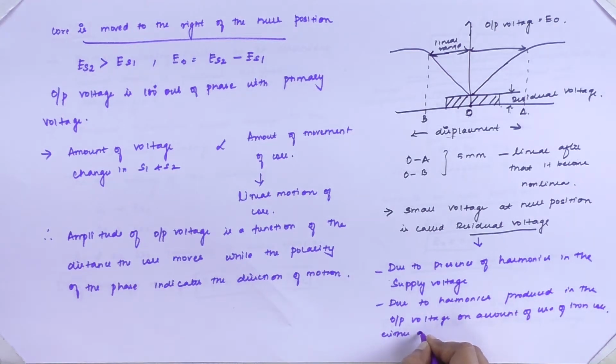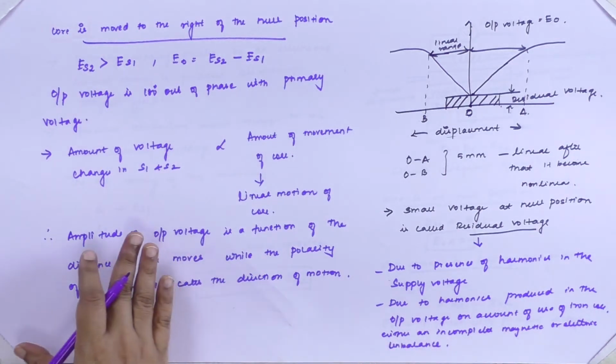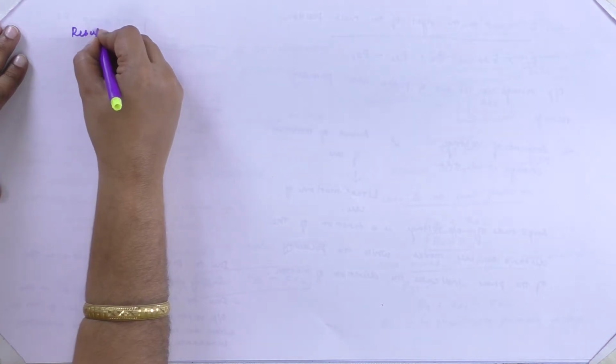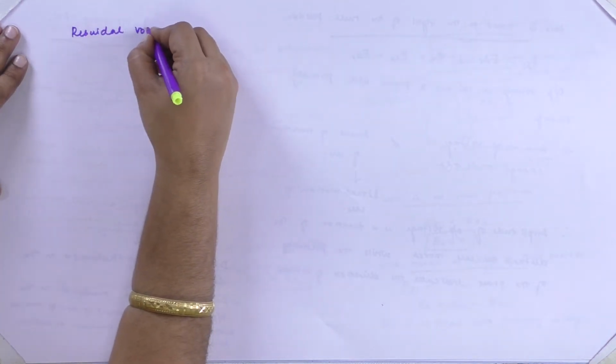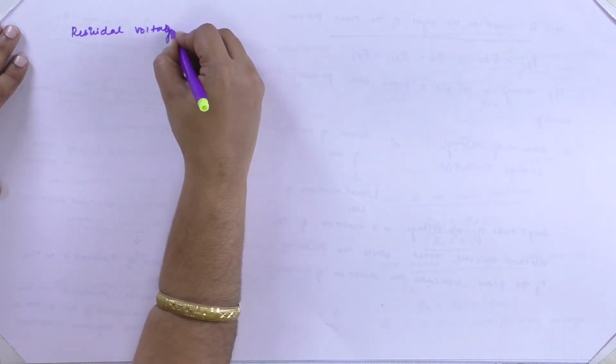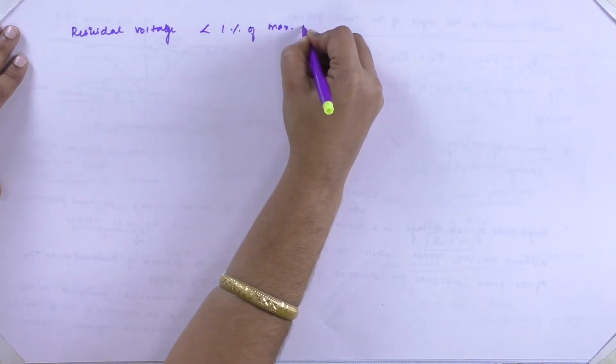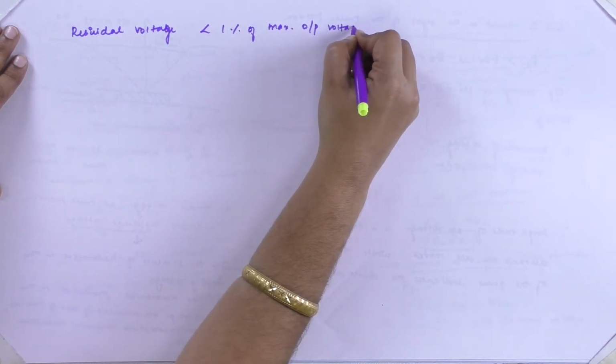Either an incomplete magnetic or electric unbalance will occur, which produces the residual voltage. Generally, the value of this residual voltage will be less than 1% of the maximum output voltage of the LVDT.